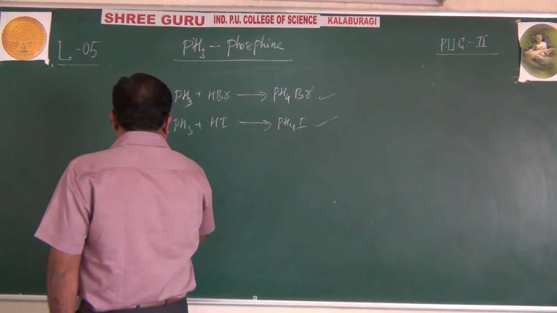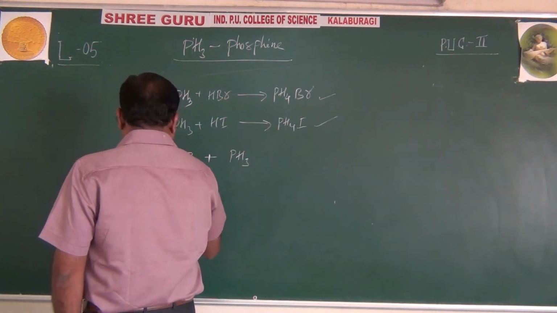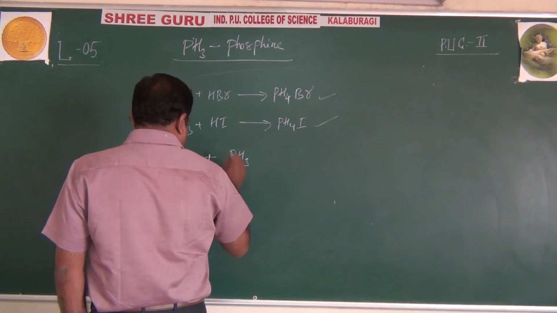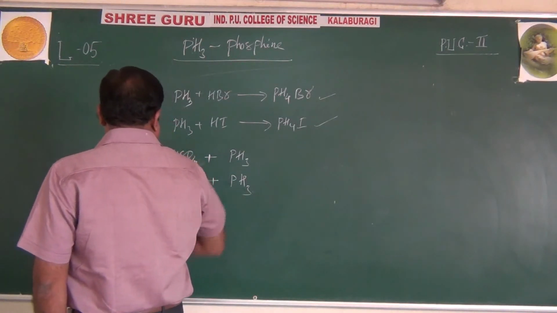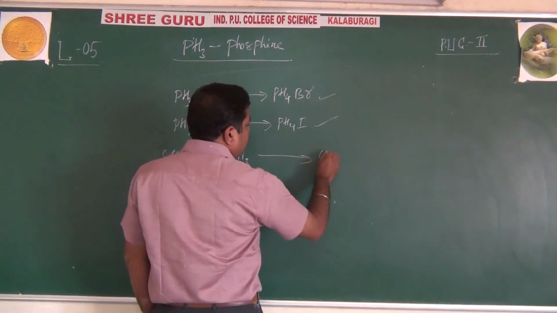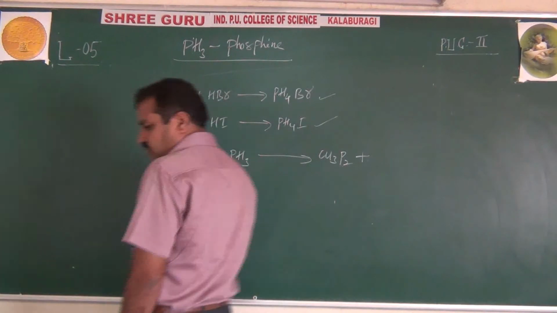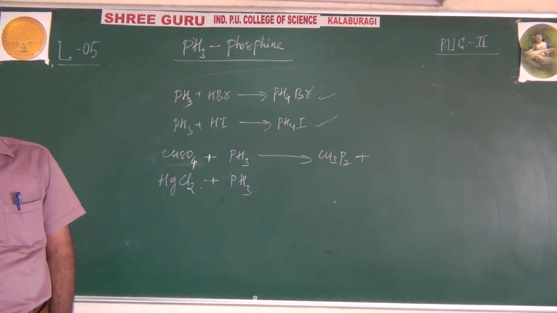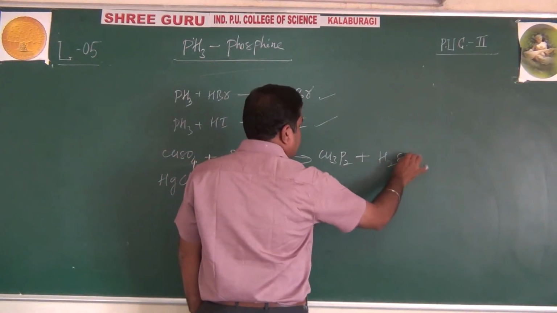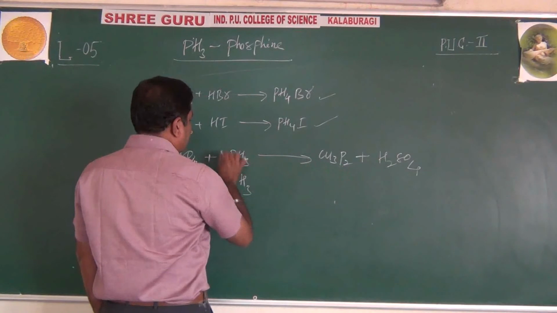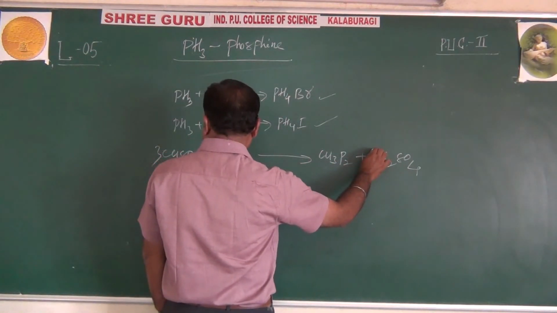Now, when phosphine reacts with copper sulfate and mercury chloride, they form the respective phosphides. With copper sulfate: 3 CuSO4 plus 2 PH3 gives Cu3P2 plus 3 H2SO4, sulfuric acid.